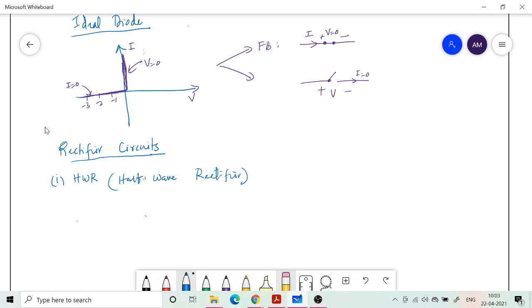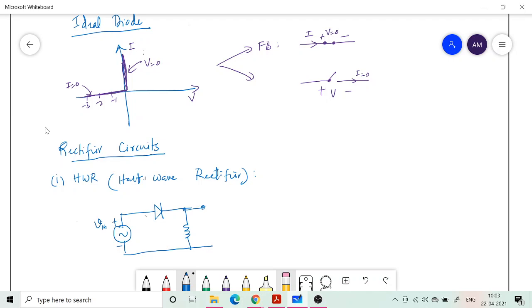Probably you might have studied this in +2 and diploma, so it may be a repetition. You have a sine input, which I am going to call V in. It's a sine wave which has a polarity like this, and in a half wave rectifier you use the diode along with a resistor, which is basically the load resistor.